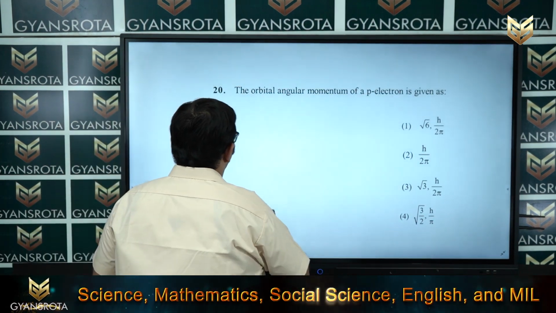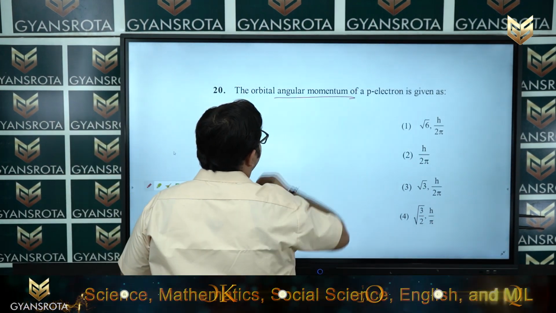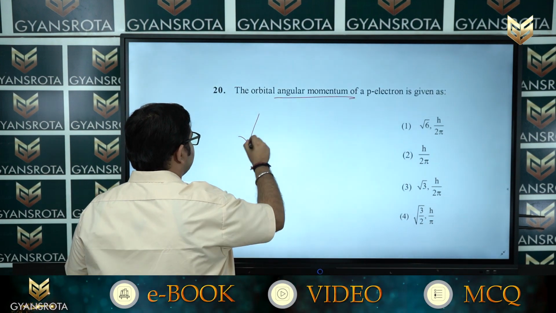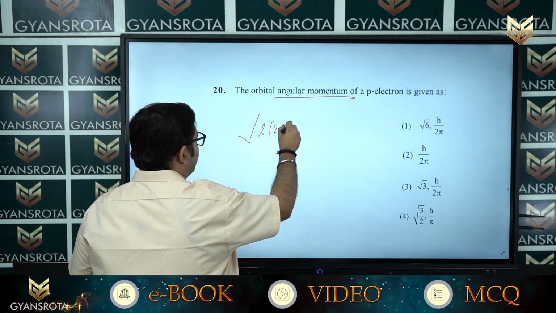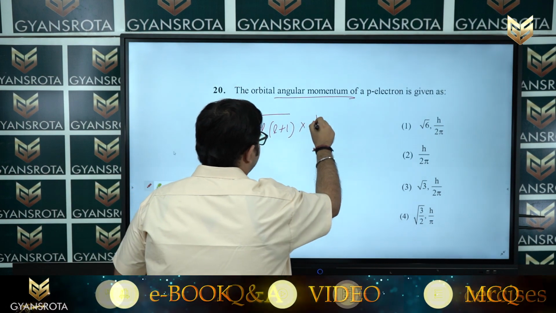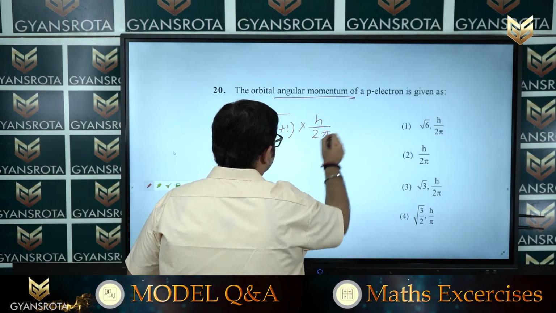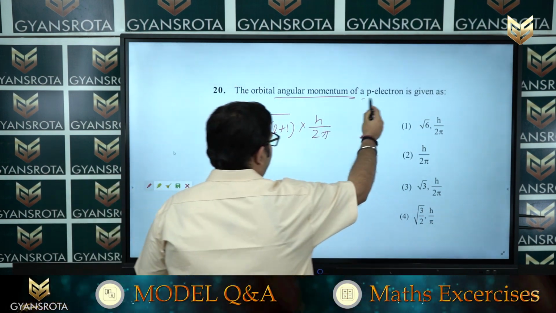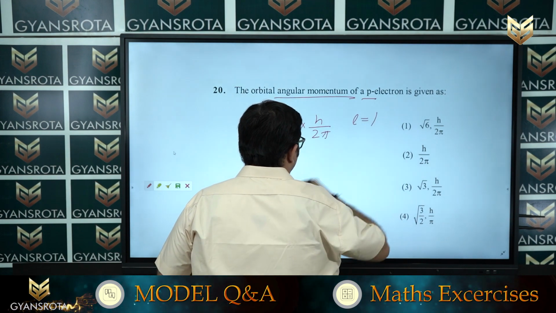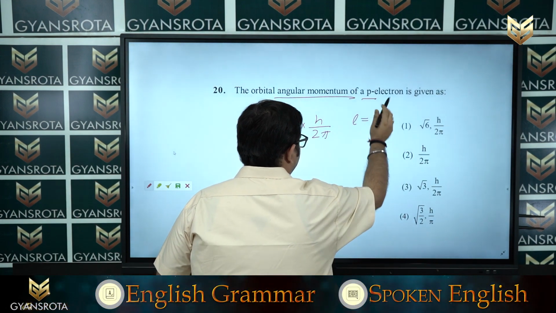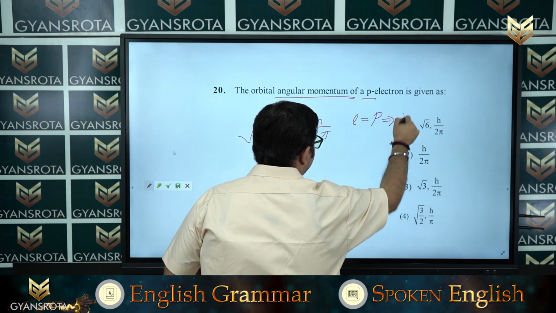The formula which we are going to use to find out angular momentum is root of l into l plus 1 into h by 2 pi, and for p the l value is 1.